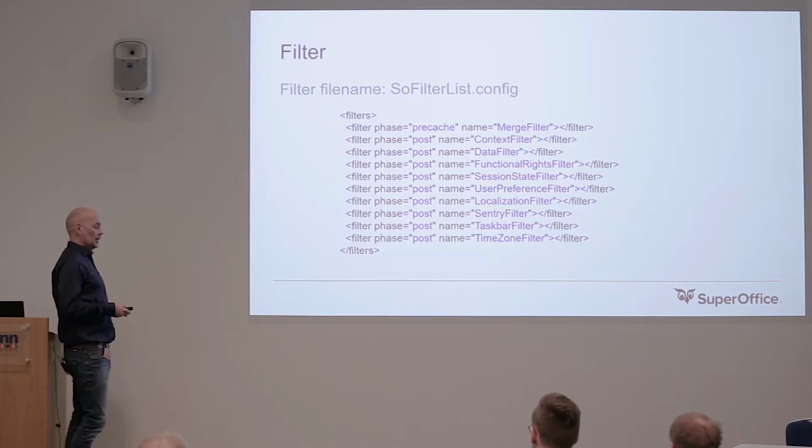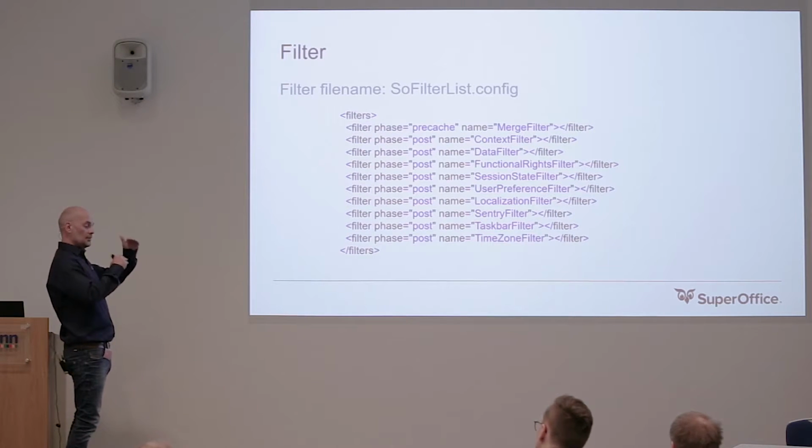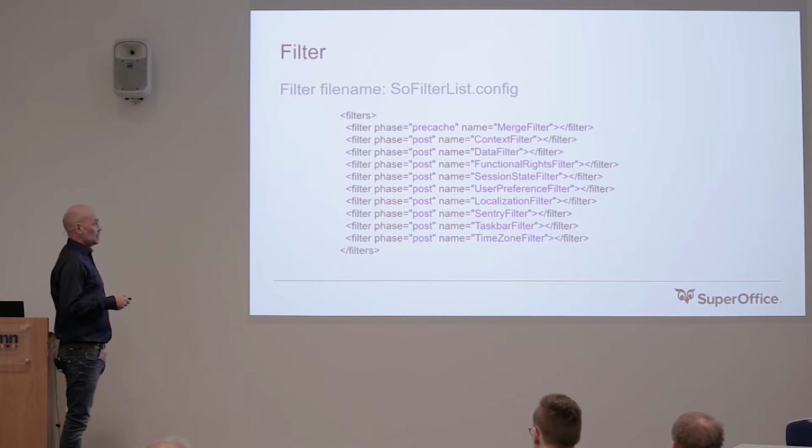So what we do is you just add a functional right section on your control that says you need this functional right to enable this control, and it's actually this filter that makes the calculation of whether this component should be enabled or disabled. So that's how we do it.